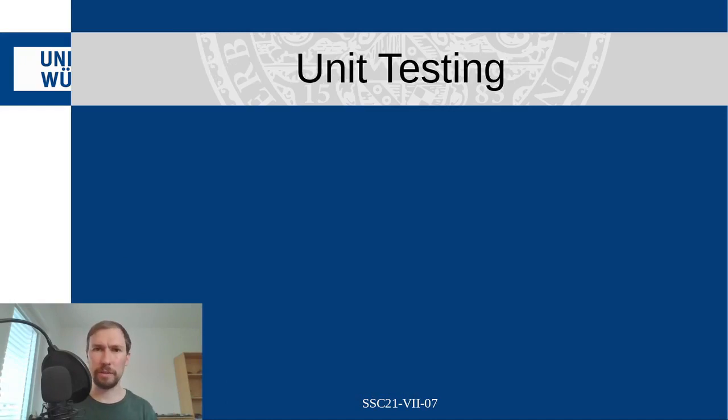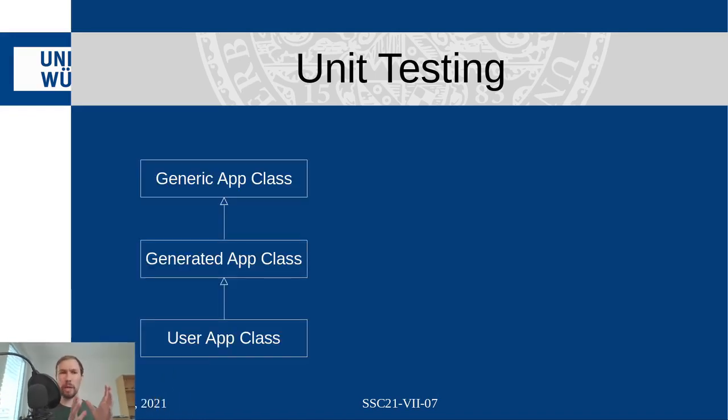First, unit testing. In unit testing, we want to test the user's source code. So the source code that has been developed manually by the user of the framework. Just recall that we have these three types of classes. We have our generic app class, which is provided by Corfu, the generated app class, so the generated code by Corfu, and then the user app class.